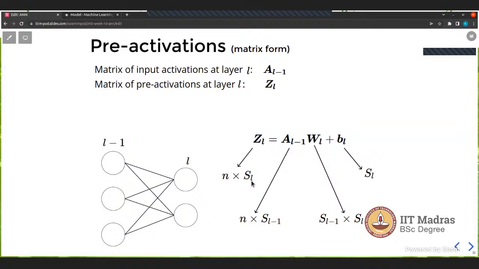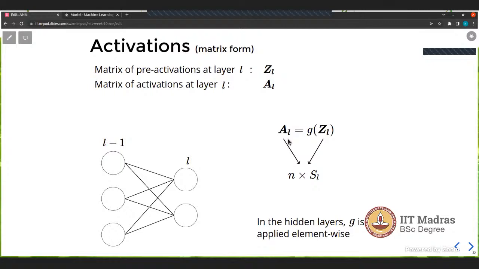SL will be the number of neurons, so this has to be of the form n cross SL, and this has to be of the form n cross SL minus 1. So the only way to multiply these two matrices is AW plus B. It can't be WA. So in case you forget this during the exam or in future, try to recollect the shapes of these matrices. That is one hint.